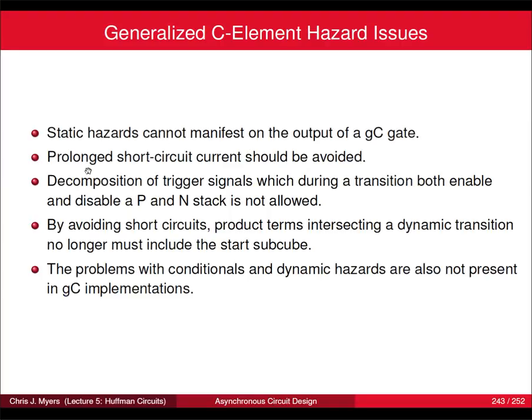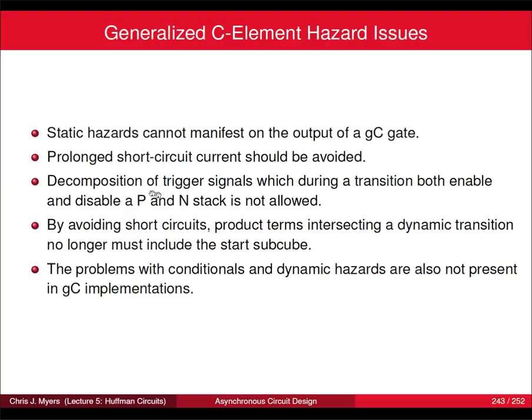The one thing you do have is you need to avoid short circuit current. Short circuit current is where you have a path from VDD to ground, and that can heat up your chip and cause other problems. You don't want direct paths from VDD to ground, so you need to make sure you don't have prolonged periods where both your pull up and pull down are on simultaneously.